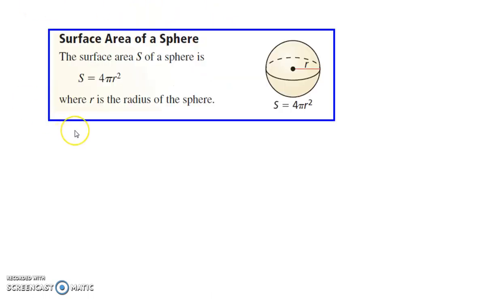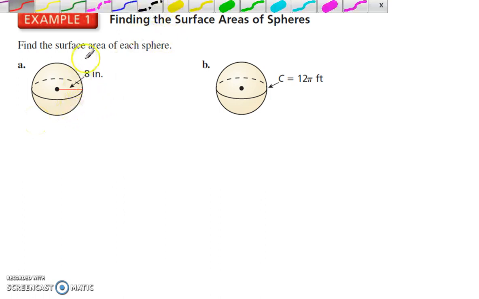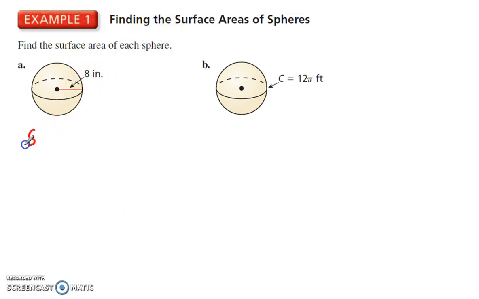All right. The surface area of a sphere is basically 4 times the area of a circle. So 4 pi r squared. If we want to find the surface area of this, pretty easy.